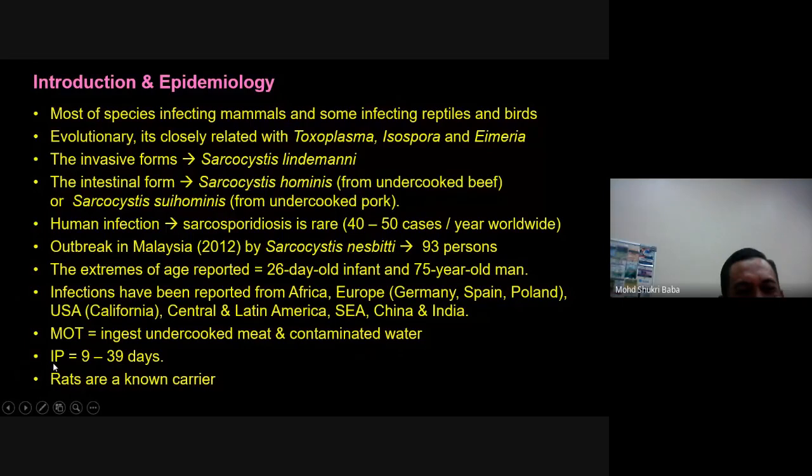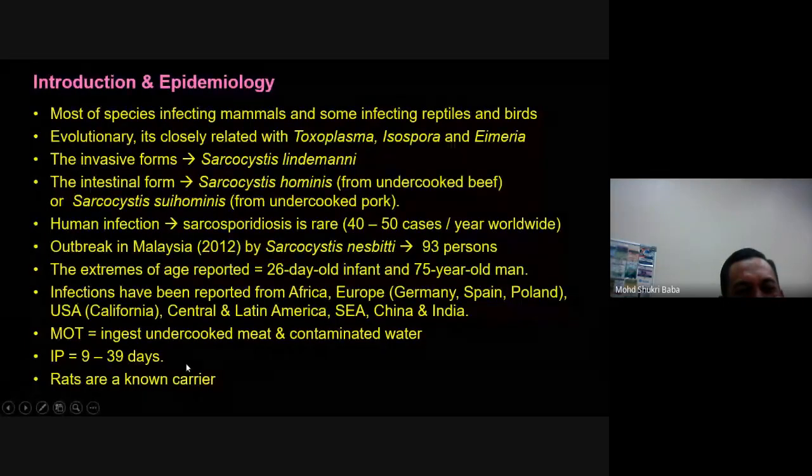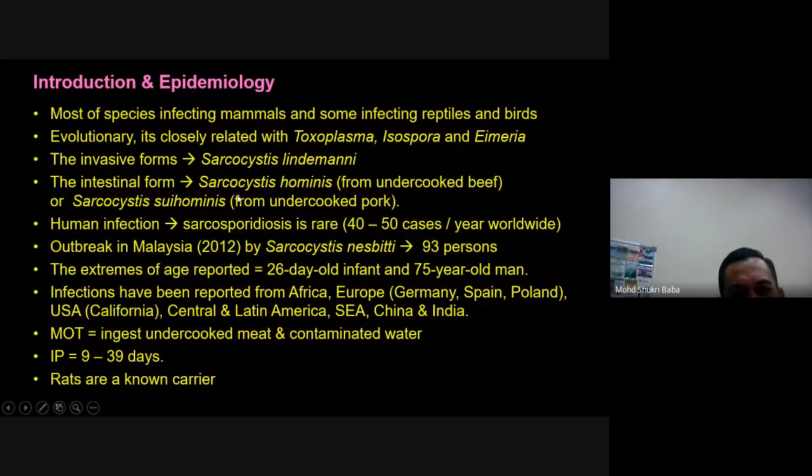Incubation period 9 to 39 hari, and rats are known as a carrier. Sometimes dia boleh ada pada rats, di badan ataupun di bulu-bulu atau tapak kaki tikus itu, dia akan membawa sporozoa daripada satu sumber makanan kepada sumber makanan manusia yang lain.